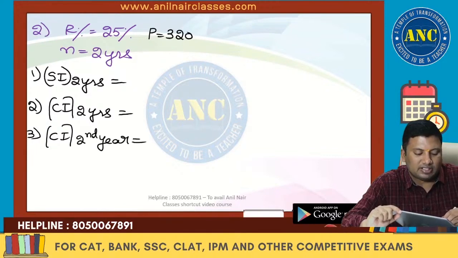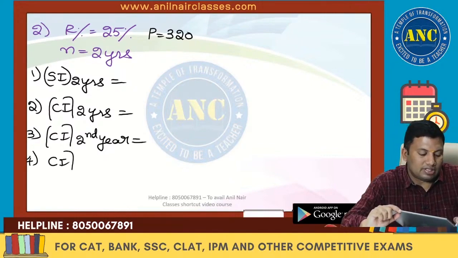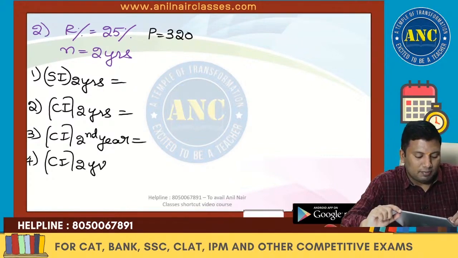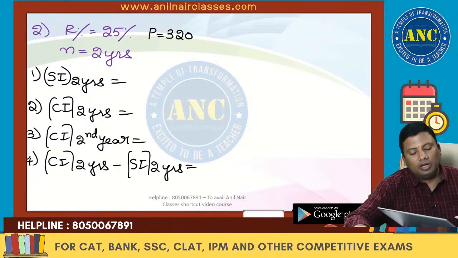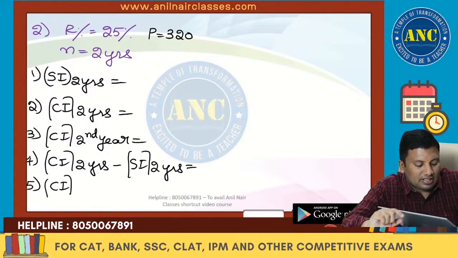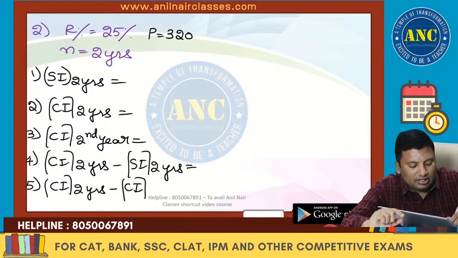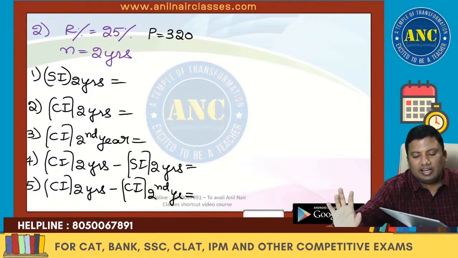Fourth question, compound interest for 2 years minus simple interest for 2 years. Fifth question, compound interest for second year minus simple interest for second year. Five questions. Once you understand, it is very easy.